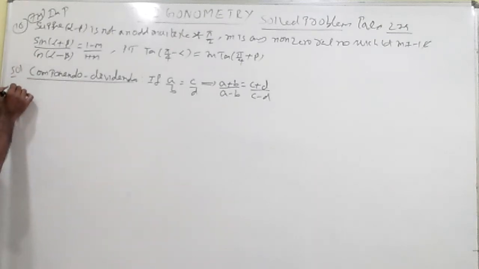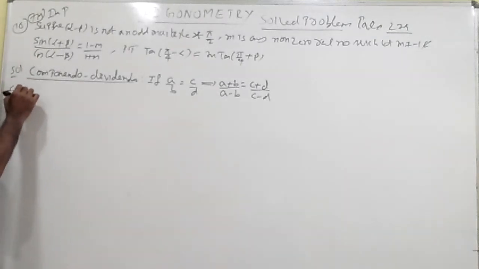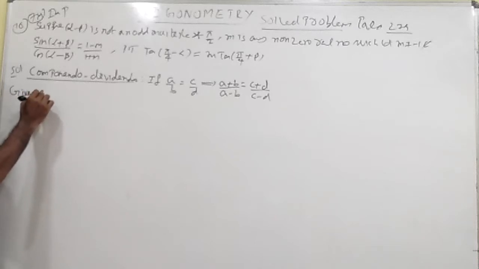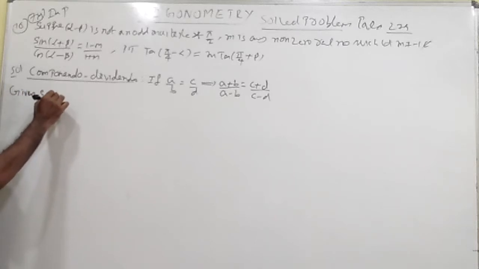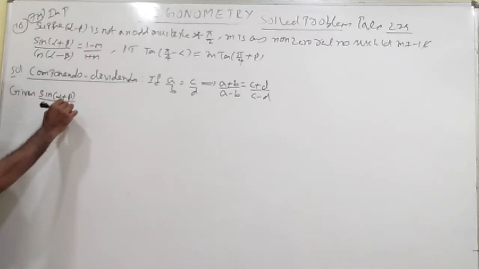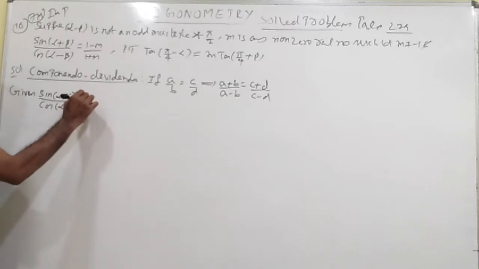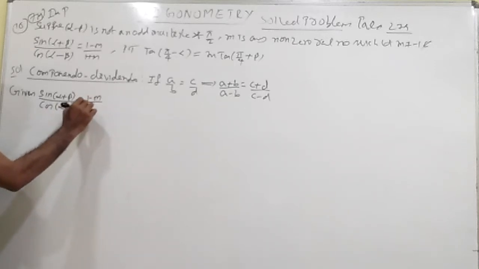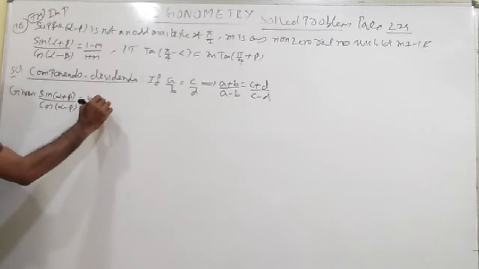Now, given, you should write the given value: sine of alpha plus beta by cos of alpha minus beta is equal to 1 minus m by 1 plus m.